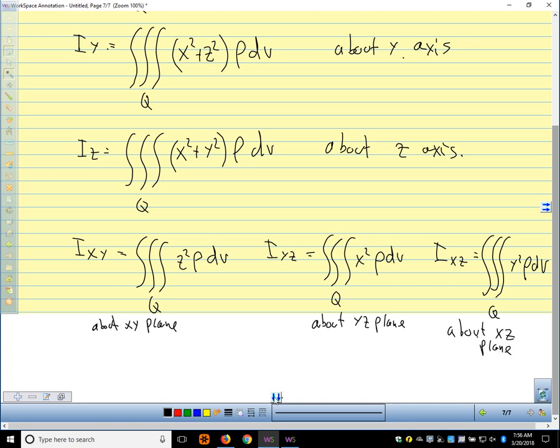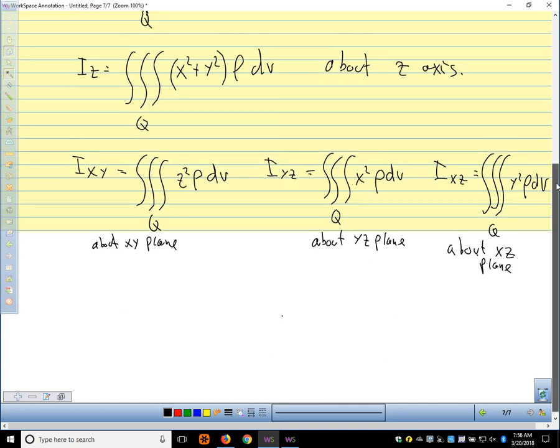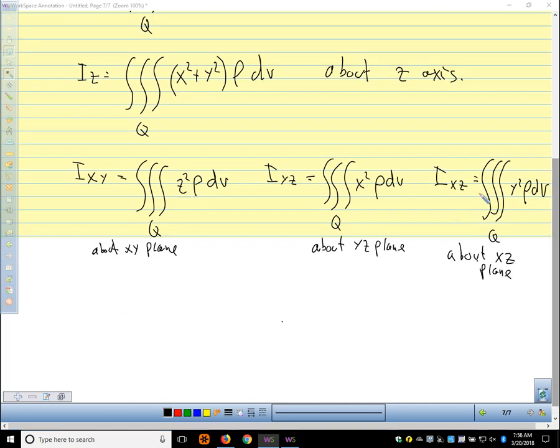And then we can find our moments about the axes by adding these together. Sometimes these integrals are easier to evaluate, just a z squared or x squared or a y squared instead of both. And we can say I sub x is I sub xy plus I sub xz. I sub y is I sub xy plus I sub yz.